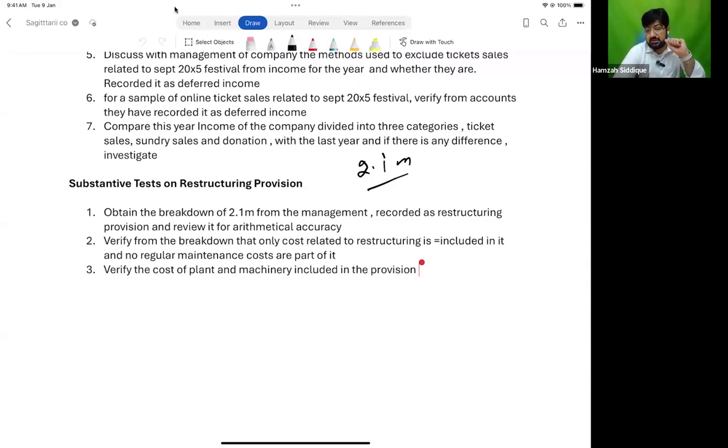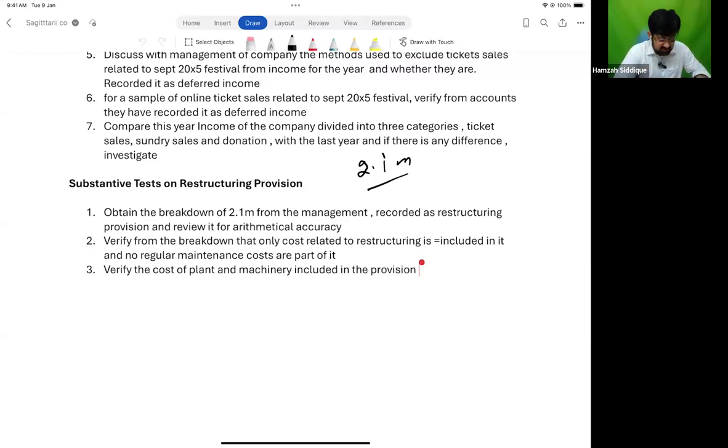Restructuring. I appreciate one student has responded, at least. Other people? This is going to be implemented after year end. It has not been incurred yet. That's why we will not verify it from any purchase invoice or any fixed asset register.